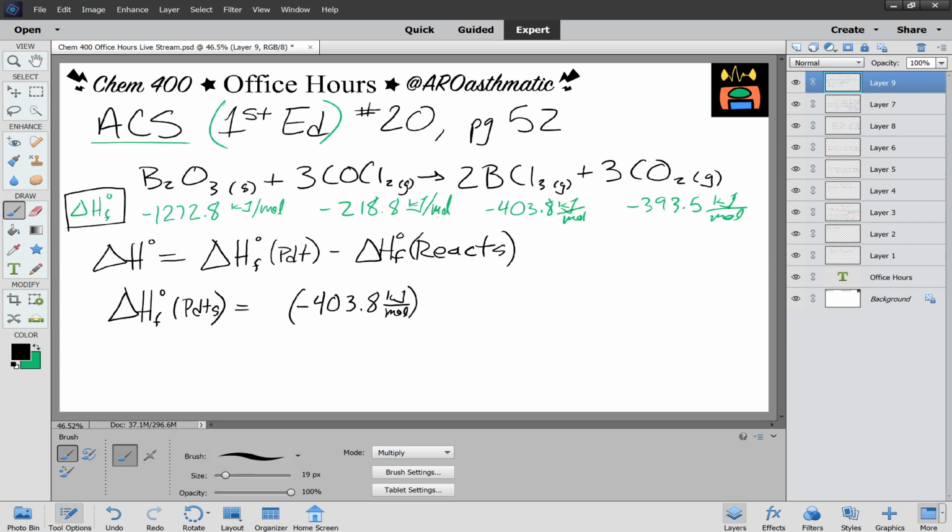However, in this reaction, we're not forming 1 mole of boron trichloride, we're forming 2 moles. So we need to multiply that heat of formation by 2. Likewise, if 1 mole of carbon dioxide was being formed, 393.5 kilojoules of energy would be released. But we're not forming 1 mole of CO2, we're forming 3.